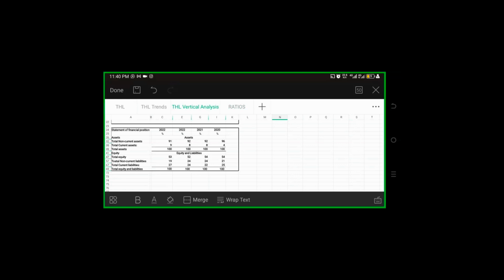I'm looking at 2022. Let me look at the ones they've given us already: 2020, 2021, 2022. For 2020, it is 4 and current liability is 25. In 2021, current assets is 8. Then for 2022, current liabilities is 22. Then 8 and 24 for current liabilities.